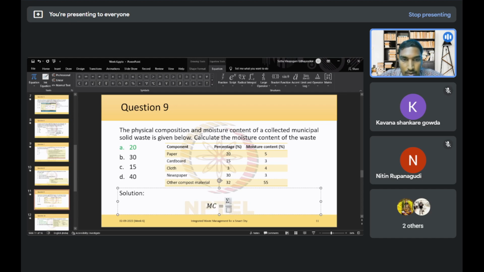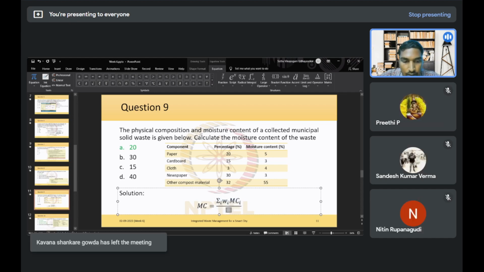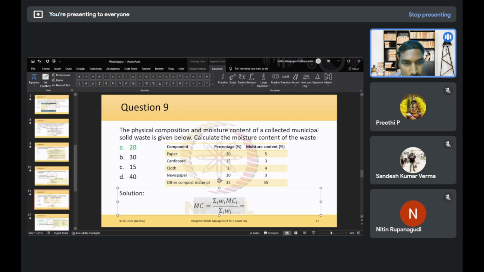So it is sigma over i, where i represents each individual component, that is paper, cardboard, cloth, etc. For each component, we take the product of Wi, the percentage, multiplied by the moisture content of that component i, divided by the sum of all the weights, sigma over i Wi. So this weighted average will give us the moisture content of the mixture.